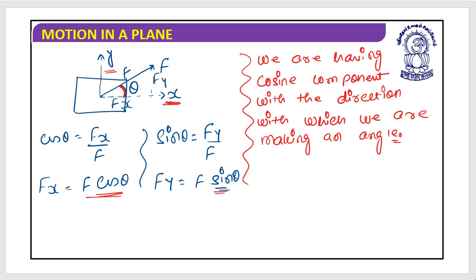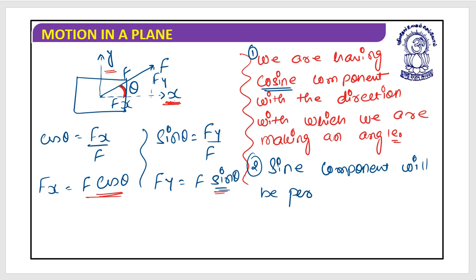Once I find the cosine component, I must know that the sine component will be perpendicular to the cosine component.